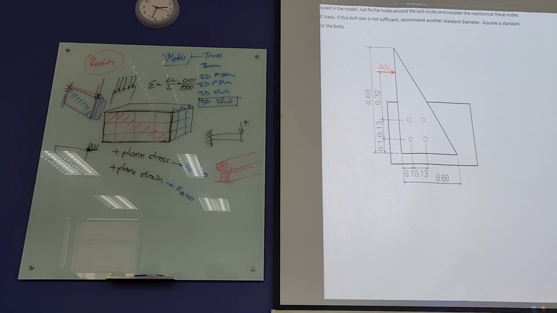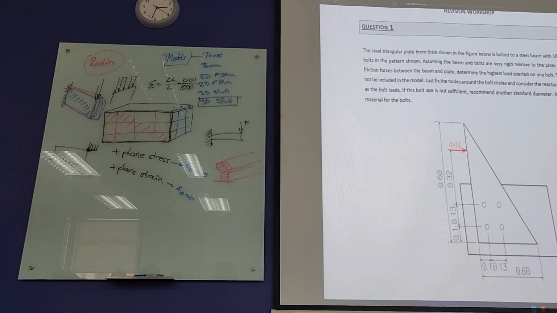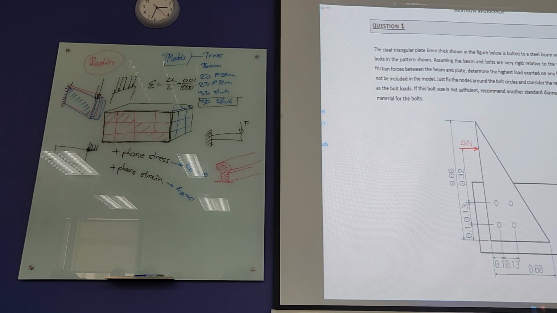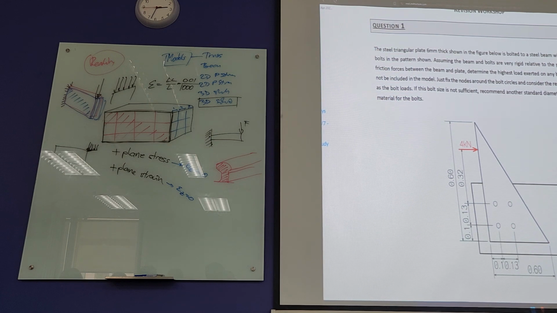Maybe which one? The whole 0.1, 0.13, 0.23. Well, that one is the whole distance, but the hole itself is 80. It probably gives you instructions on what not to do, but the idea is to figure out, given this load, how much reaction force there would be, so we can go and choose bolts.